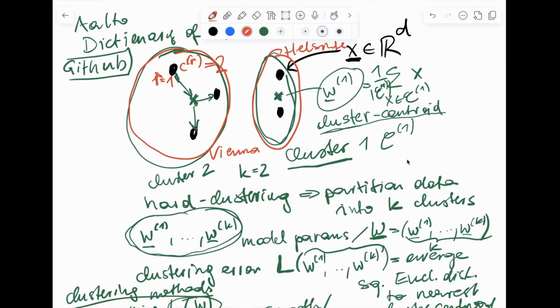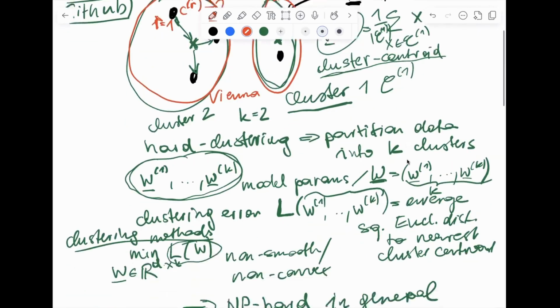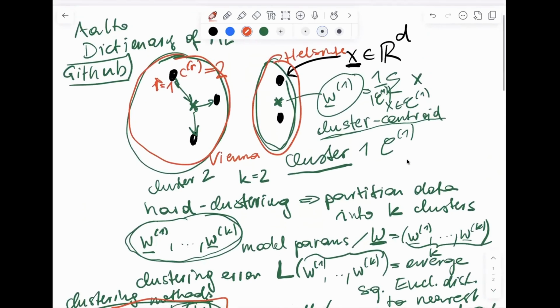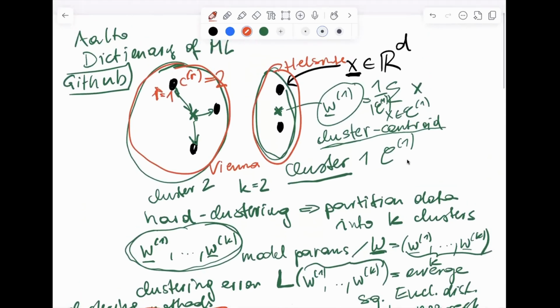You need to fill out a research permit, or you need to apply for research permits, etc. So the hardest part in doing k-means clustering in practice is to get access to the data set. It's not the nitty-gritty details of this optimization problem or optimization methods. Often the hardest part is to get access to this data set.